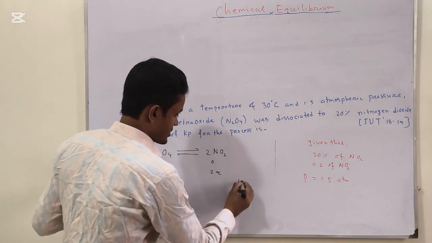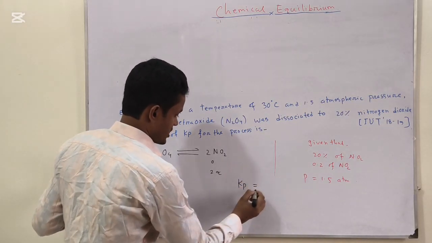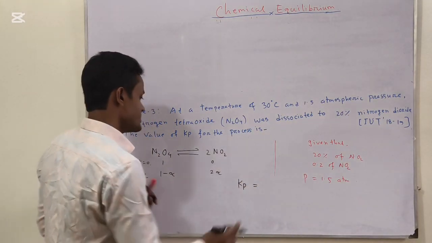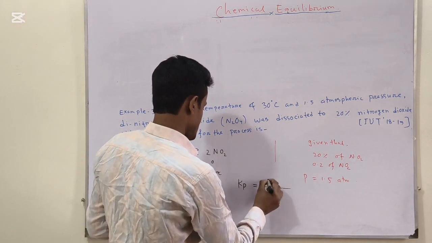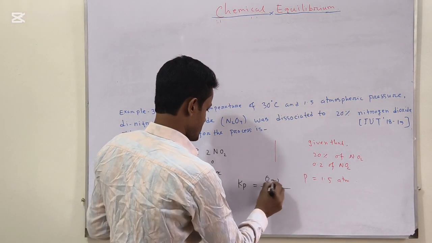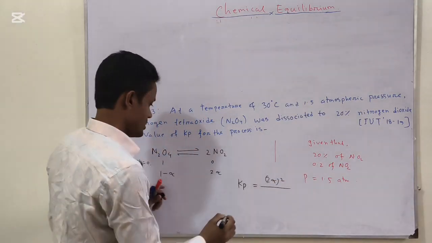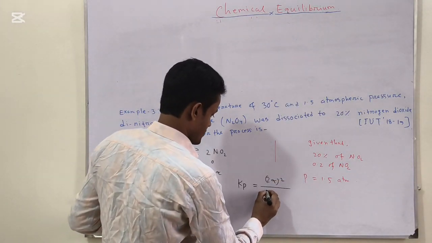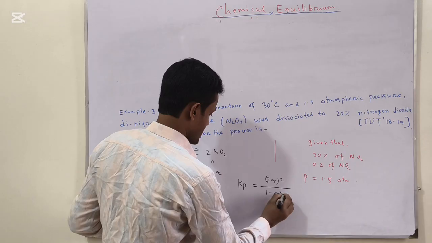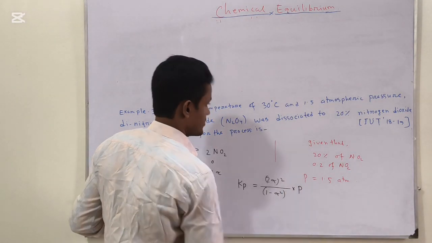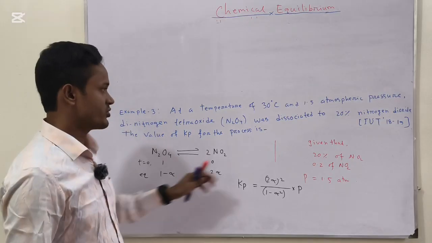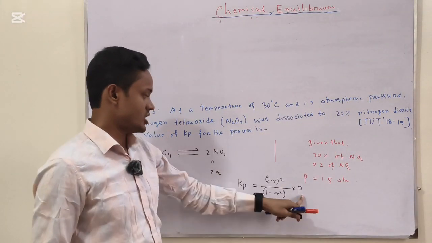We can write the Kp equation: Kp equal to 2 alpha square over 1 minus alpha square into atmospheric pressure.